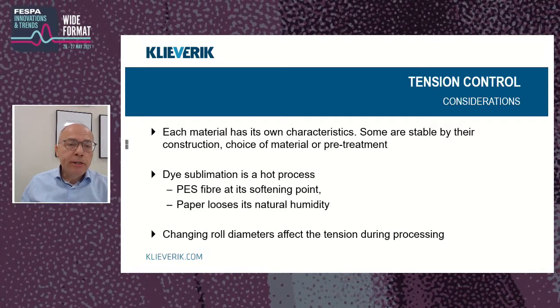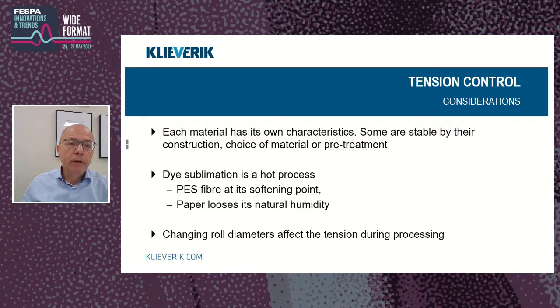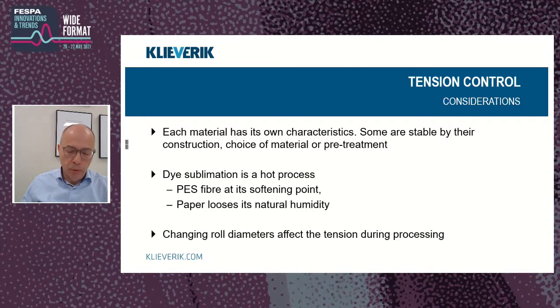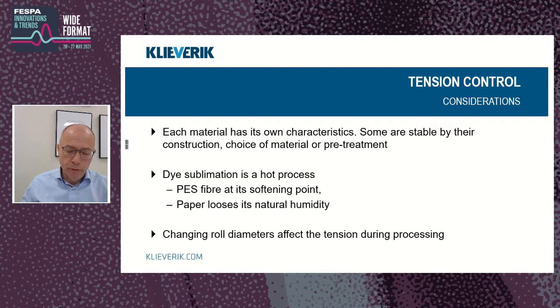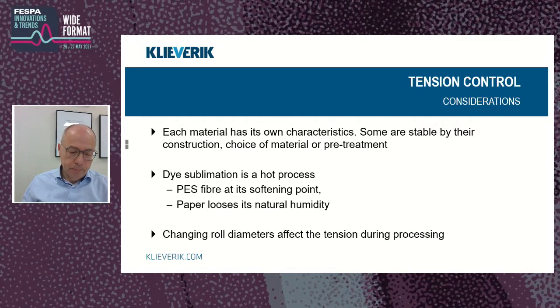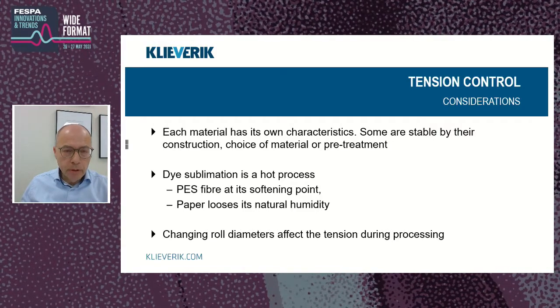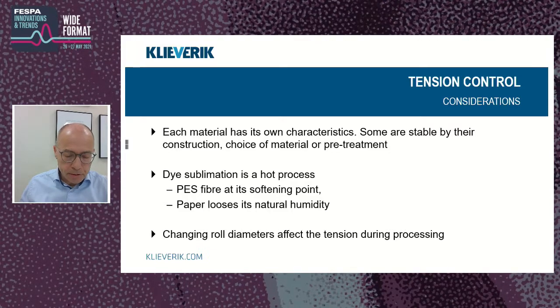Talking about heat, dye sublimation is a hot process. That means you take the polyester fiber very high in temperature to its softening point. It gets very brittle if you go over that. So what you do at the outfeed is very critical. Similar to the paper, it has a natural humidity content of some 7%.